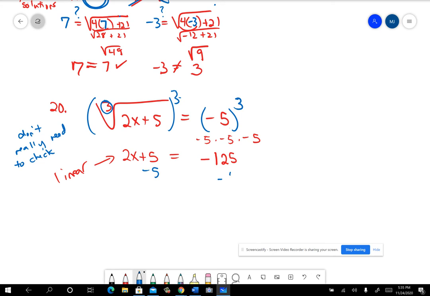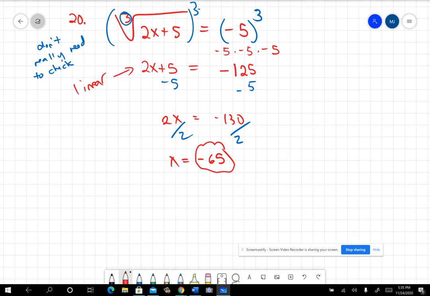So you're just going to take away 5. So 2x would equal -130. Divide by 2, and you get x equals -65. And then I'm assuming my arithmetic is correct. Then that should be my answer. Okay.